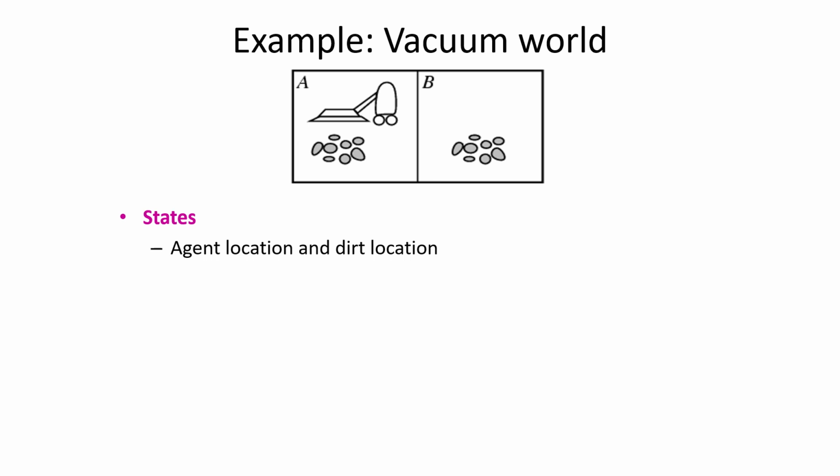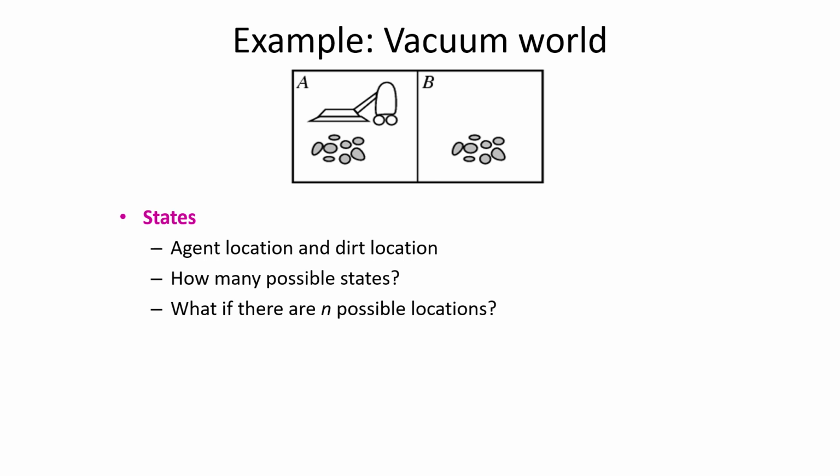More generally, if there are n possible locations and each location can independently be clean or dirty, the number of possible combinations grows exponentially. The agent has three available actions: left, right, and suck, which allow it to move between locations and clean dirt.